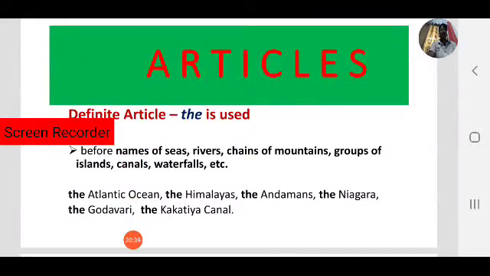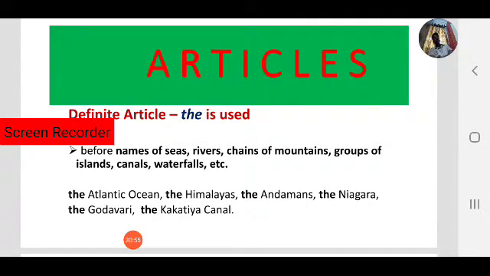Don't be confused. Next, before names of seas, rivers, chains of mountains, groups of islands, canals, waterfalls, etc. These are all nouns, you know.